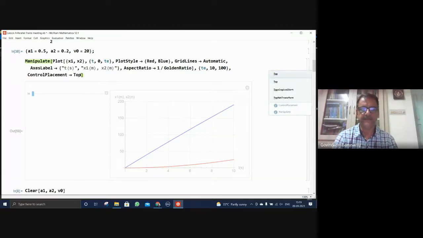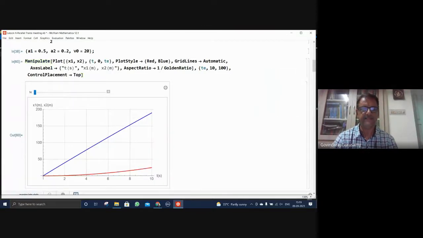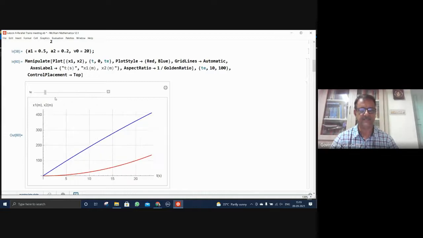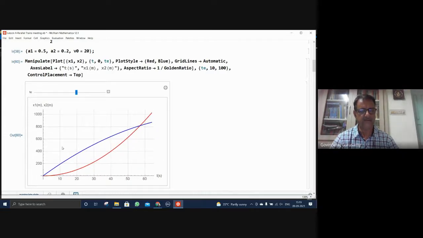You see what has happened to this figure. It's getting shifted again. Now the control placement is at the top of the picture. This will be easy to visualize. You can also have it at the bottom, left, right, all possible options that are there. You can explore them. But this will be more convenient to look at.